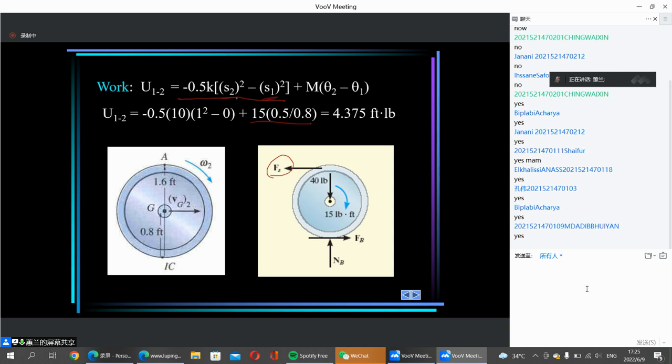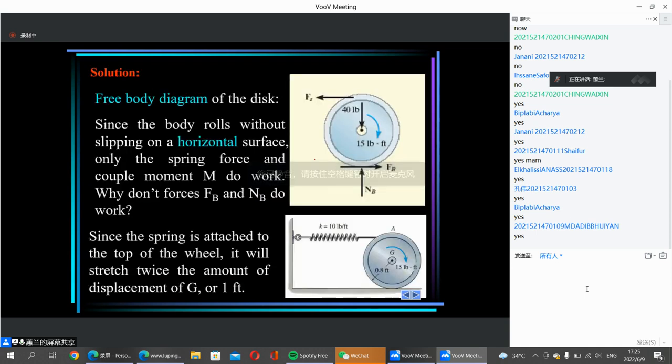But how about S2? We need to know this. So how to calculate the displacement of the spring force? How to calculate the S2?